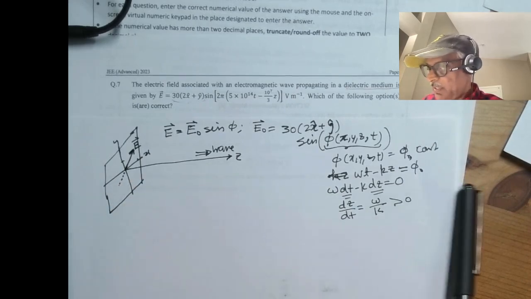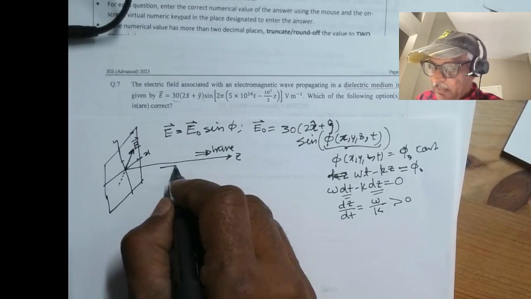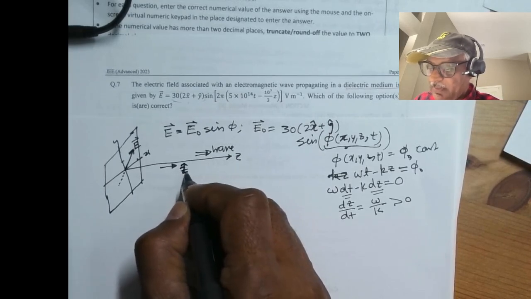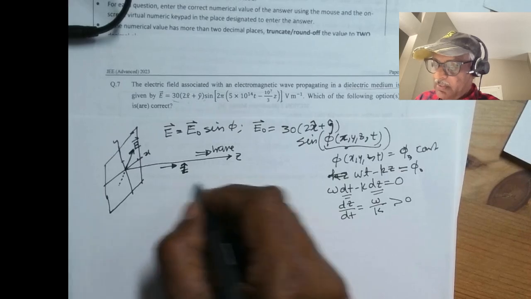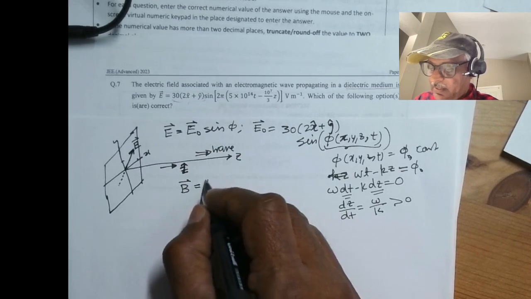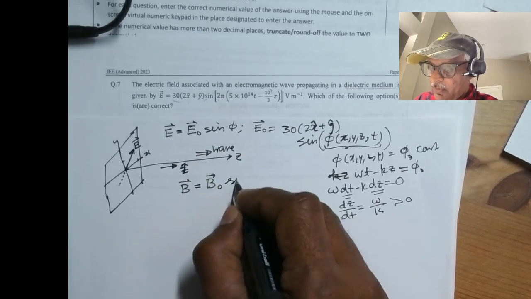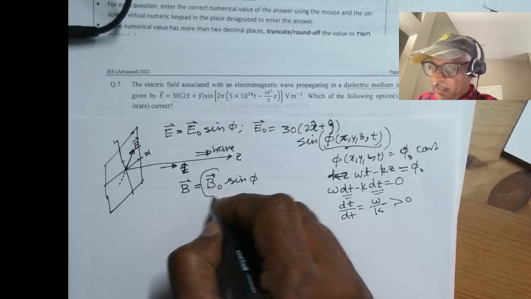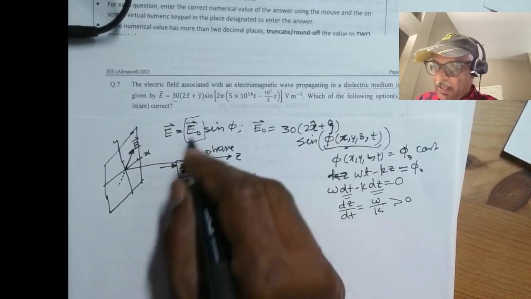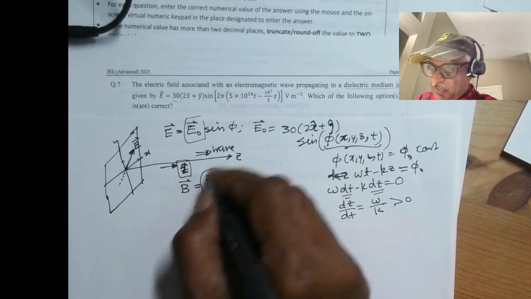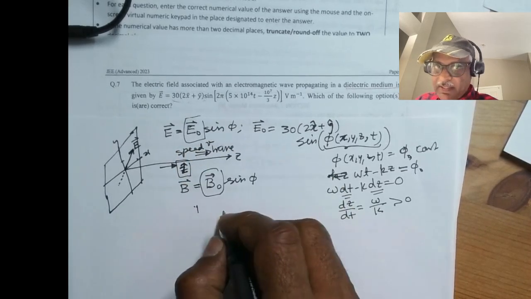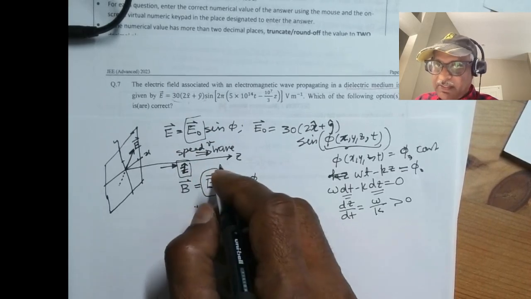Magnetic field will be, so if this is the z hat direction of the wave, then magnetic field is going to be almost like this, and the relation between this and the direction of the wave and the speed of the wave, so the speed is v. We can't assume it's in vacuum.